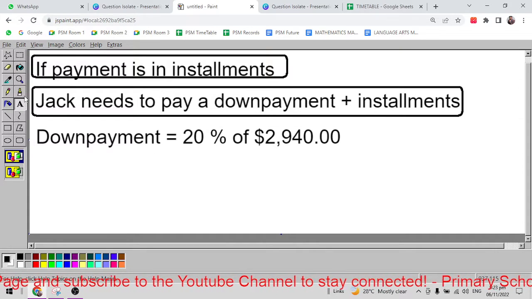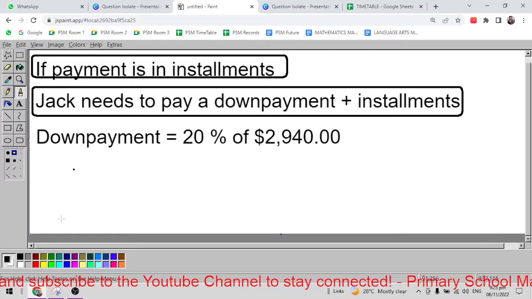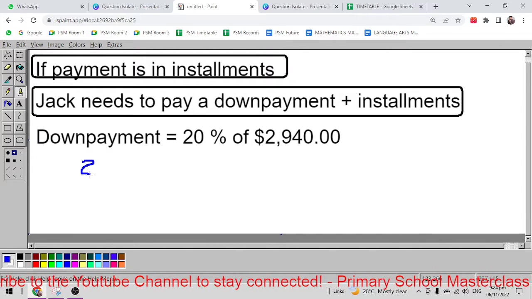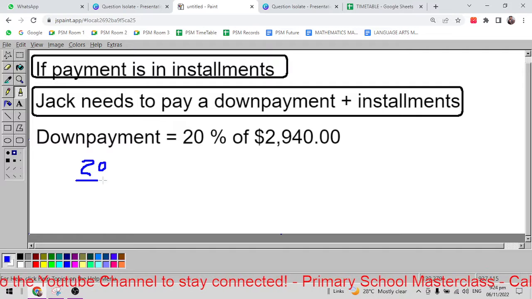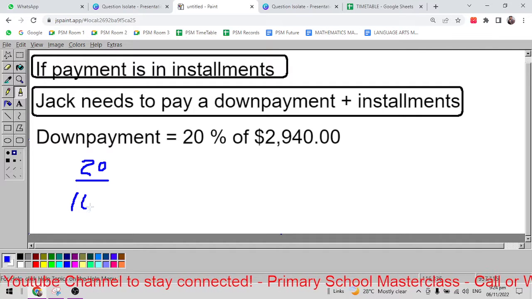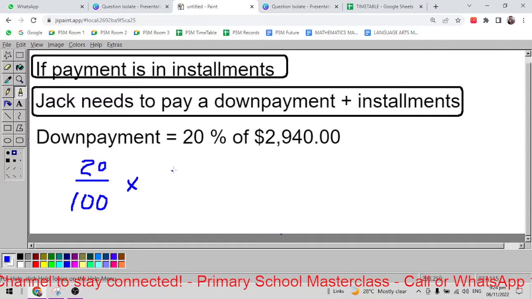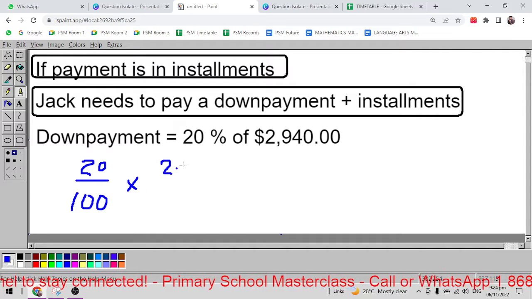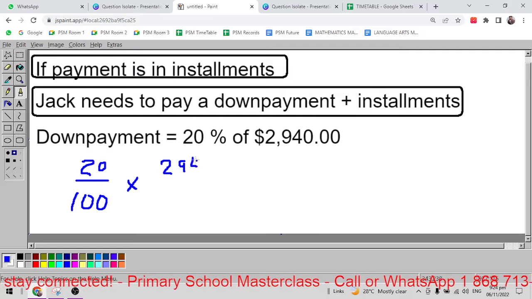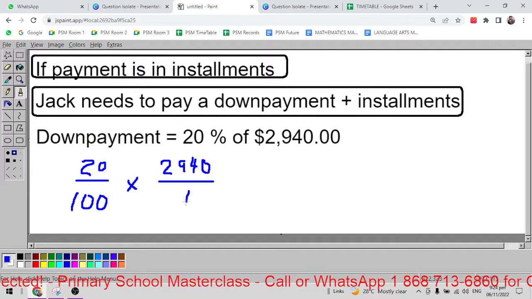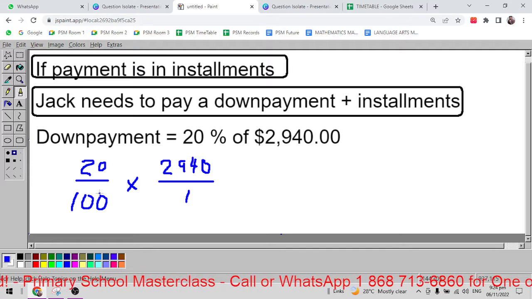The down payment is going to be, I'm going a different color here. Let's go in blue. So it's going to be 20 over 100, 20%, because percent means out of 100, multiplied by 2940 over 1. And the zeros cancel.